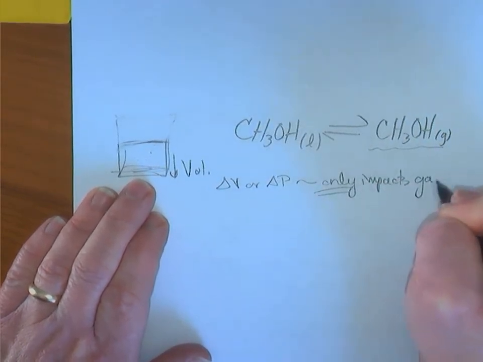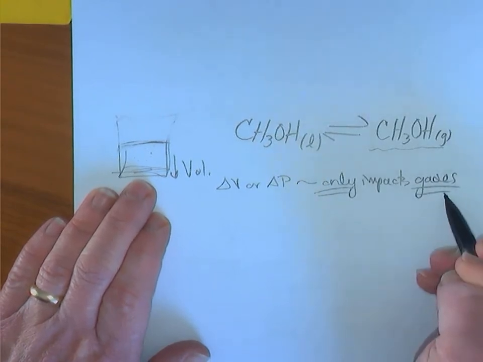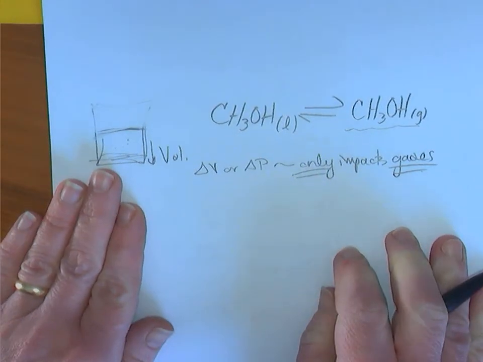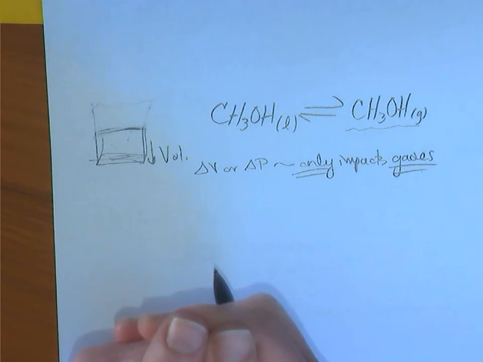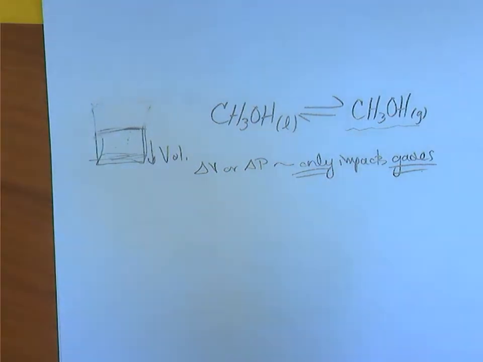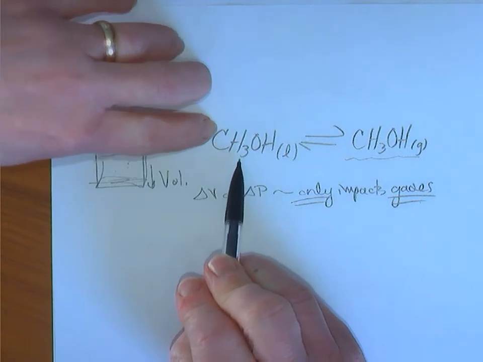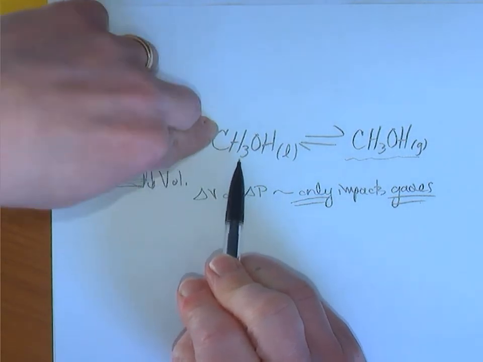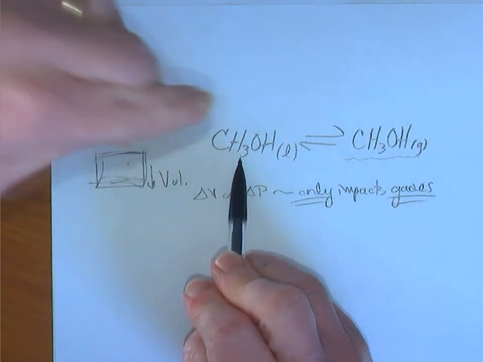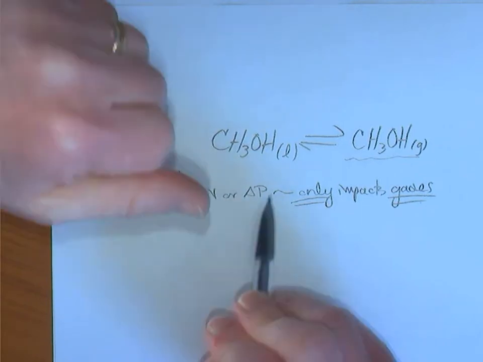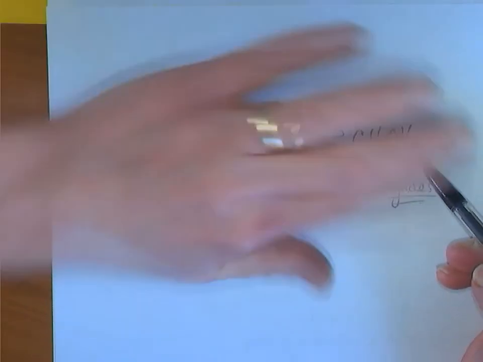It's only seen as a stress on gases. Our liquid and our solid state are already compressed. They virtually have no empty space. So you can change the volume and change the pressure on a liquid all day long. It's not going to be seen as a stress. But a gas, well, that's something different.